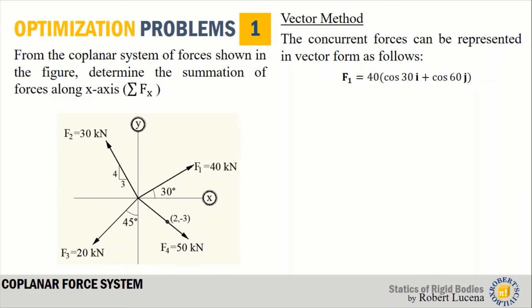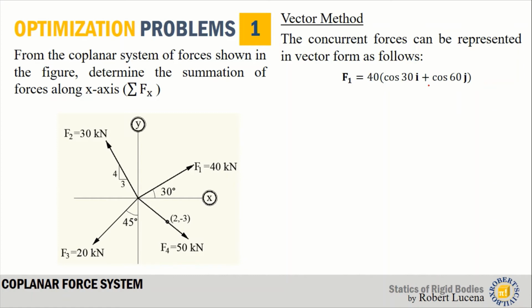To get the representation of F1 in vector form, or in 2D vector, F1 is 40 cosine 30 i plus cosine 60 j. If you have trouble following us in getting the vector representation of F1, I suggest you watch the video to learn more about vectors, because I will not discuss how to represent vectors in this topic.